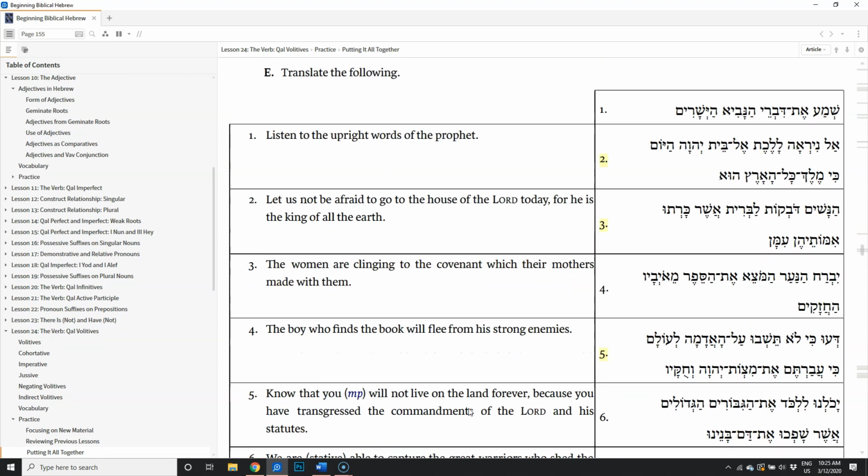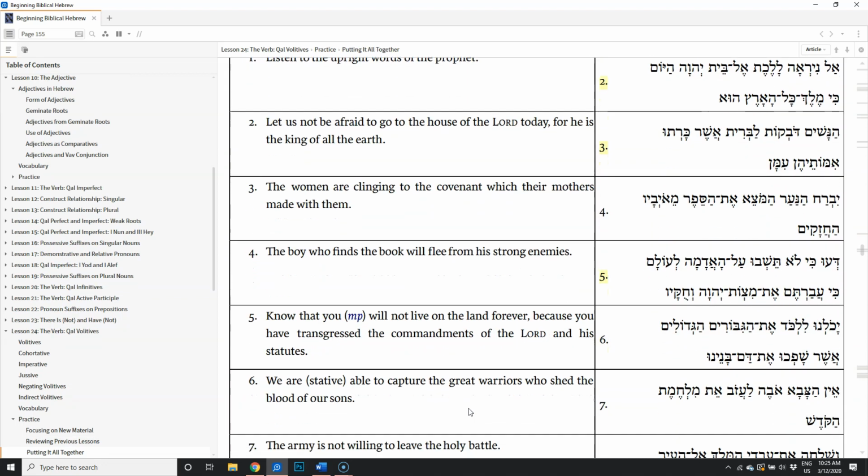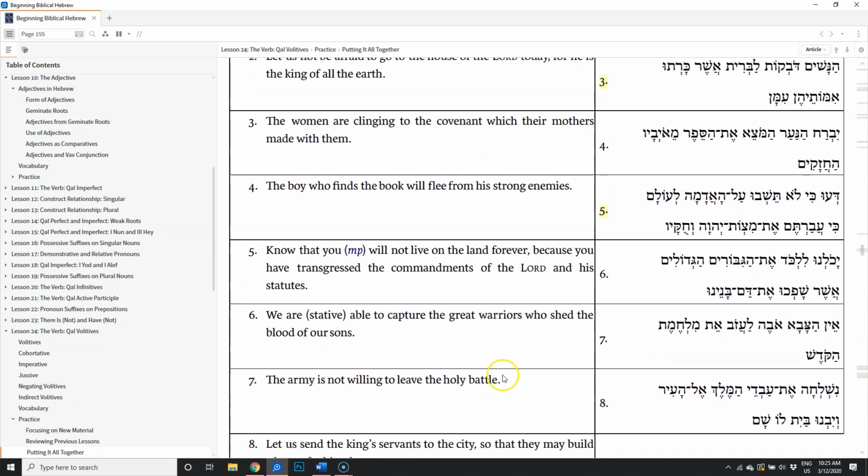All right, let's take a look here. Pick one to translate. Let's go with, I guess, number 5. So here again, we're going to assume that we've got some sort of verb at the beginning. When I see a shurik on here, it's probably a suffix. I take that off. I'm left with 2 letters. What verbs do I know of that include a dalet and an ayin? Well, I know yada, he knew.